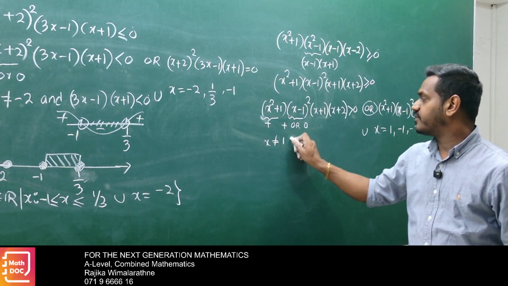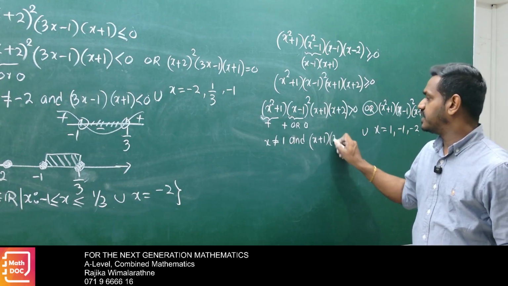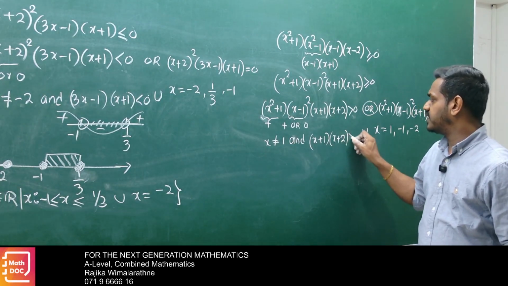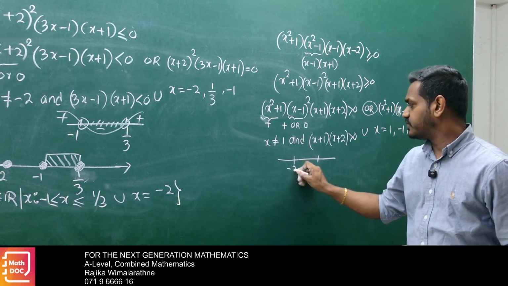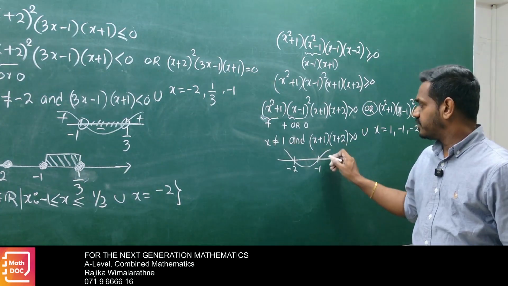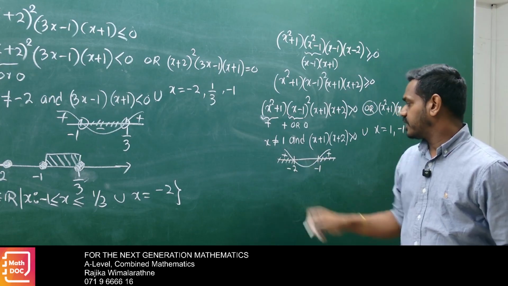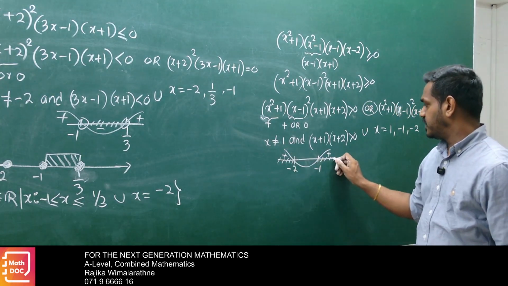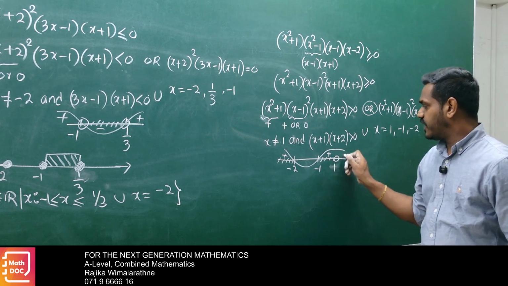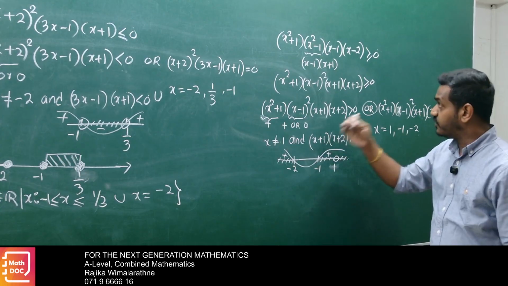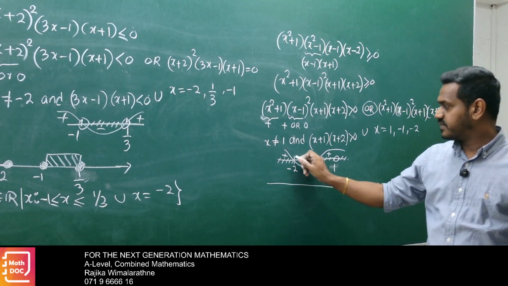And here (x plus 1), (x plus 2) greater than 0. Here minus 2, minus 1, positive region here and here. Then x equal 1 you have to remove, no? Then for this inequality, you have to take this shaded one. Then finally for the full combined version, you do it at once.